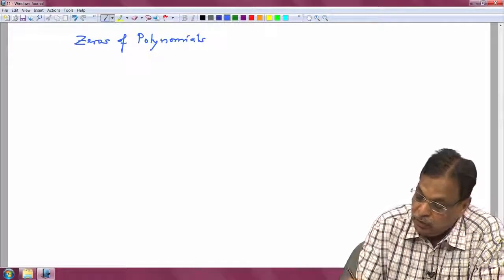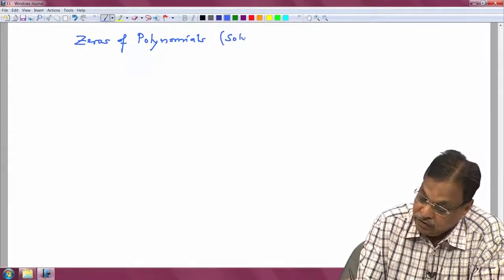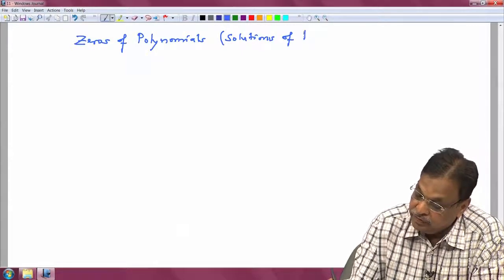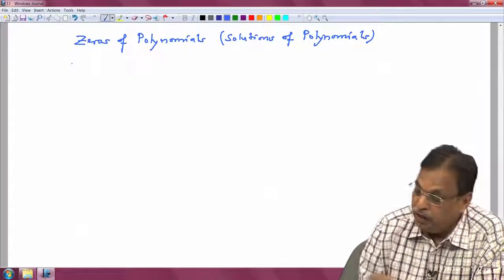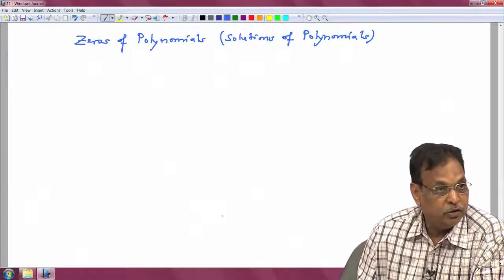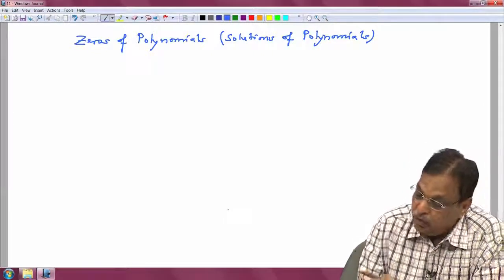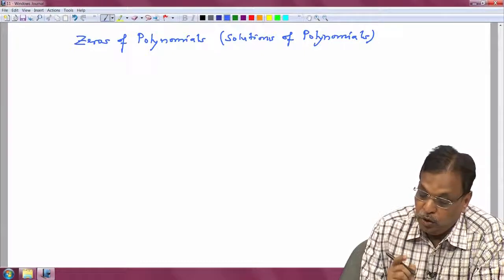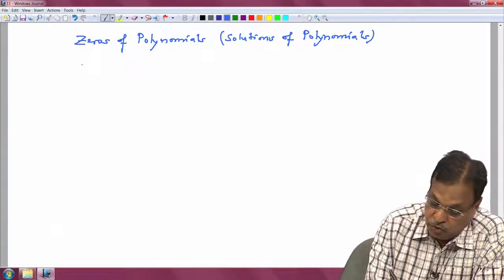Also one can call them solutions of polynomials. Like we have seen in an earlier lecture the linear polynomial solution space, now we are considering an arbitrary polynomial, but only one variable.